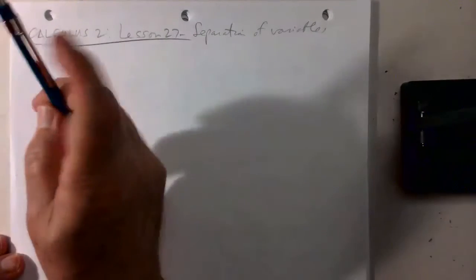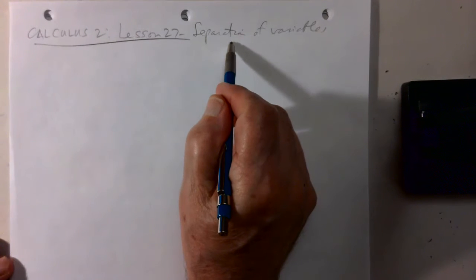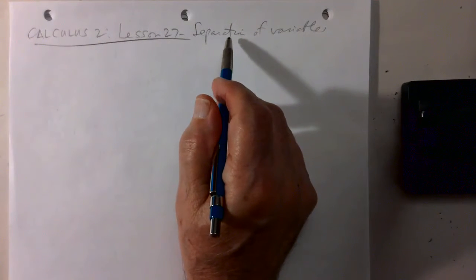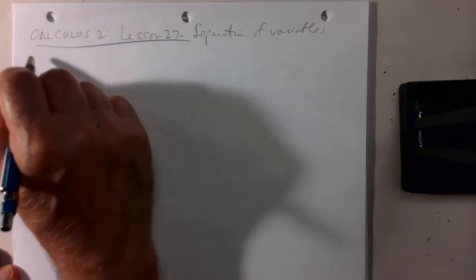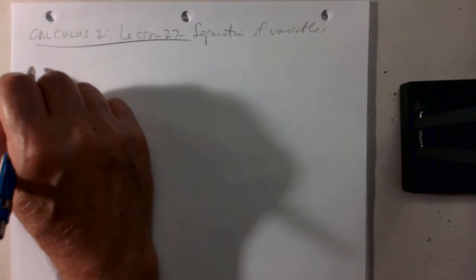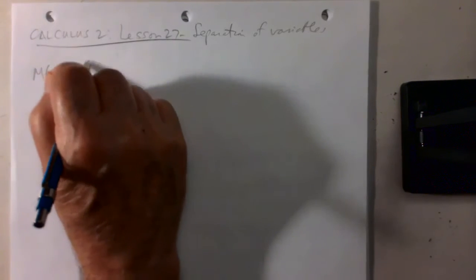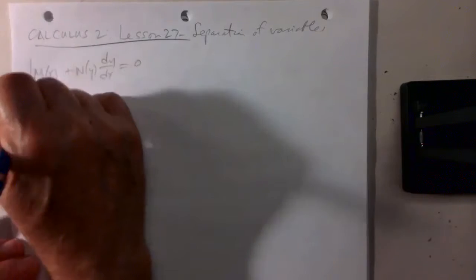This is the last topic in the syllabus, which is solving ordinary differential equations by the technique of separation of variables. A differential equation that you can write in this form, some function of x plus a function of y, dy dx equals 0.